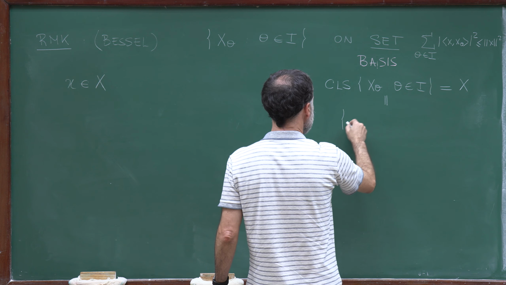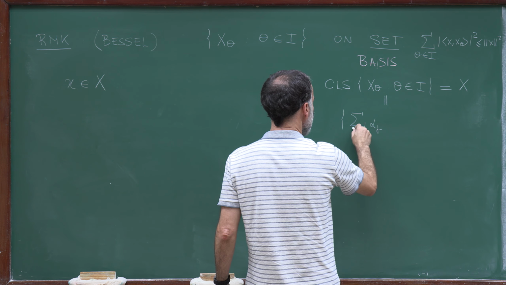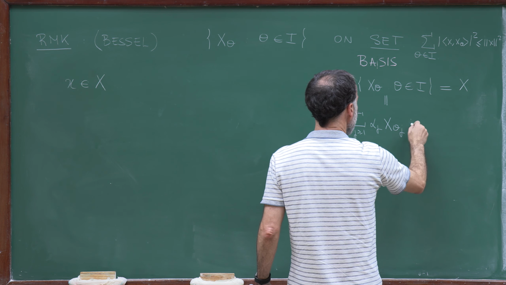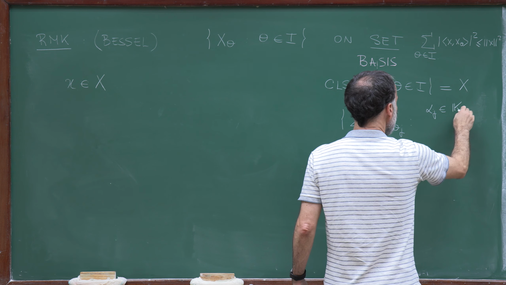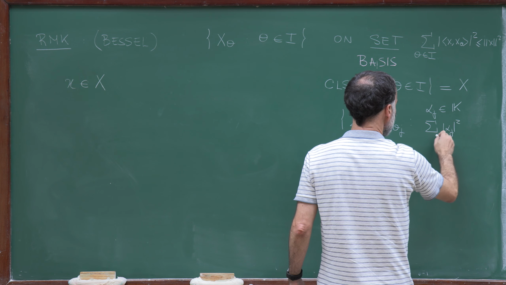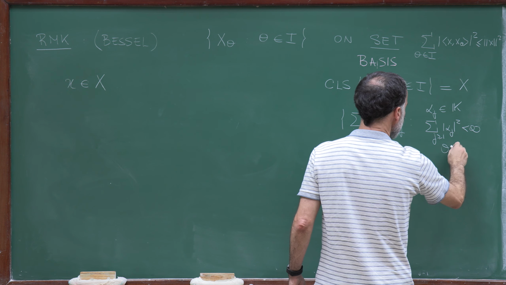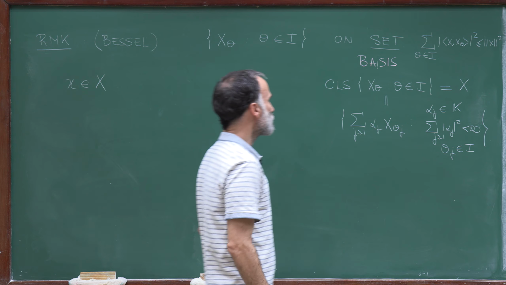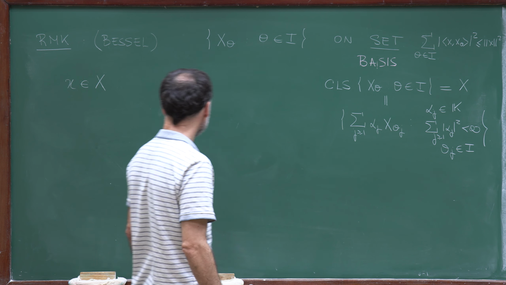It is the set of sums of alpha_j x_theta_j, j larger than 1, where the alpha_j are scalars that are square summable, and theta_j belongs to I. We proved that the closed linear span is given exactly by that set.